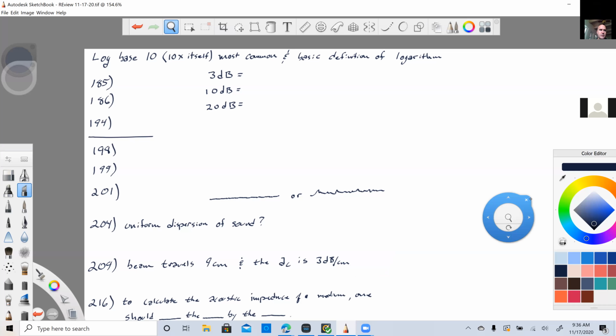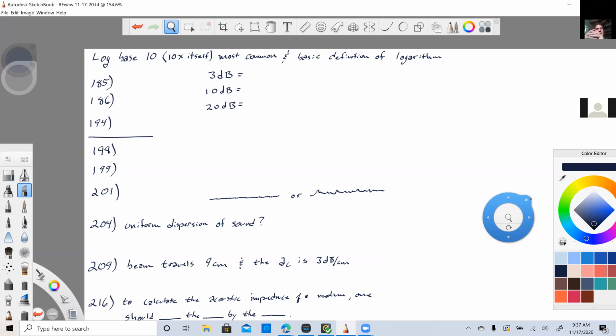So logarithm and decibels. Decibels are logarithmic, of course, and this is a little quick review. Log base 10. Log doesn't have to be base 10, but that's by far the most common way of thinking about it.